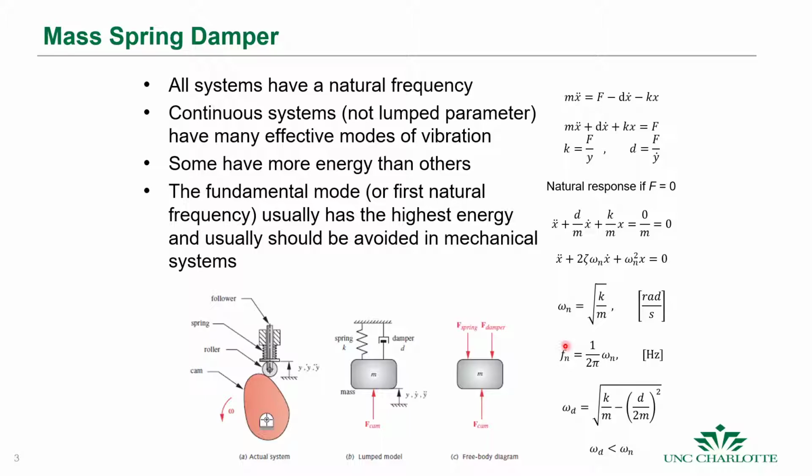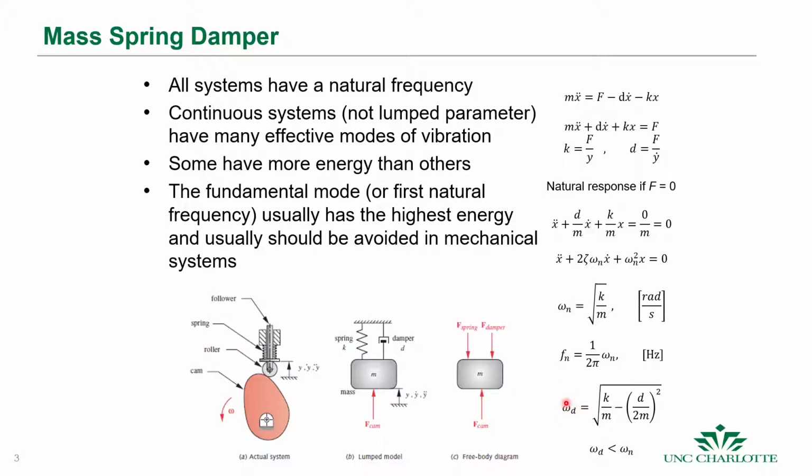We often think in terms of frequency in hertz, but when we do the analysis, this is in angular frequency, which is in radians per second. So if we wanted to convert those, we can divide by 2 pi radians to get things in terms of hertz. And the damped natural frequency is usually what we see from the response.